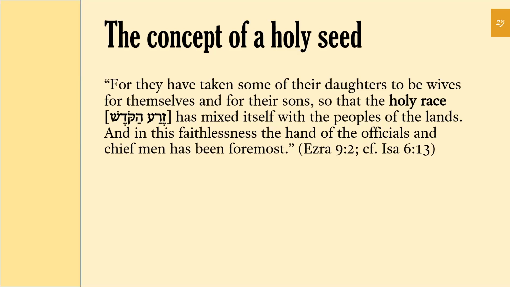And now one of the most important issues raised in both books, in the book of Ezra and in the book of Nehemiah, is these marriages with other people. And actually, this issue is, I wouldn't say enigmatic, but an issue that caused a lot of debates among the scholars.